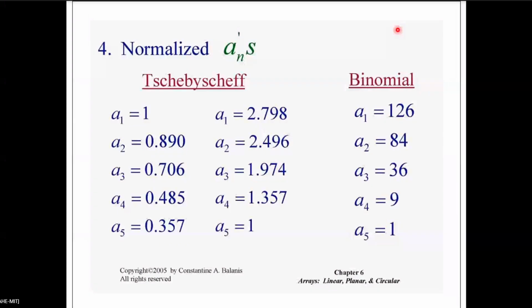Find Z naught. Find Z naught from R naught.